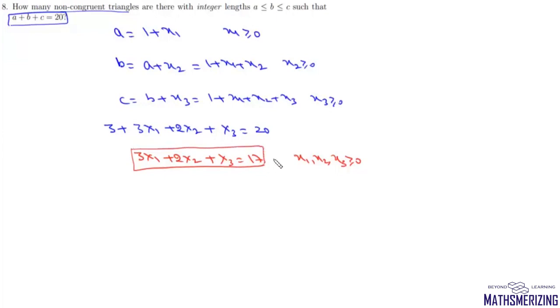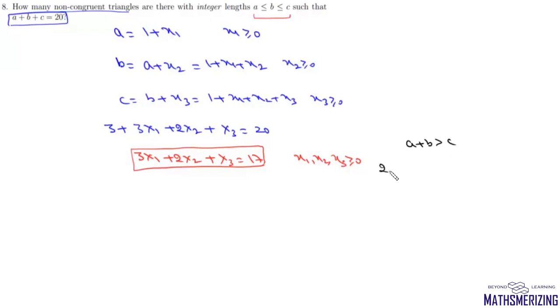Now we'll need one more condition, that these three lengths will form a triangle. So three numbers will form a triangle if they satisfy the triangle inequality, which is that the sum of two sides must be greater than the third side. So from here we'll also need a plus b must be greater than c. Now what's a plus b?